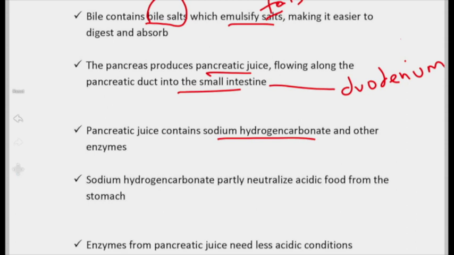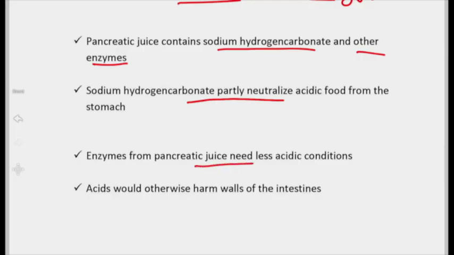That is the pancreatic juice. We said the pancreas also produces hormones. There's so much that is done by the organ pancreas. Sodium hydrogen carbonate partly neutralizes acidic food from the stomach. That has been said already. And enzymes from the pancreatic juice need less acidic conditions.